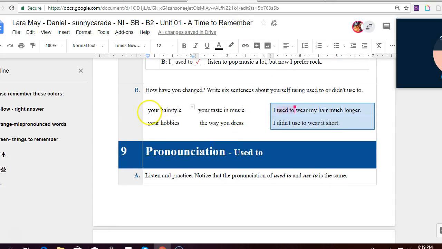So, as you can see, there are given words already here. First, I am going to ask you some questions. Then after that, you will create sentences, okay? So now, can you please read this word? Your hairstyle.